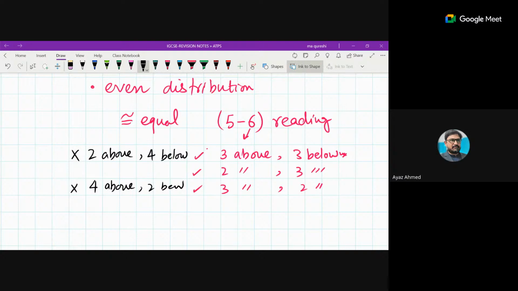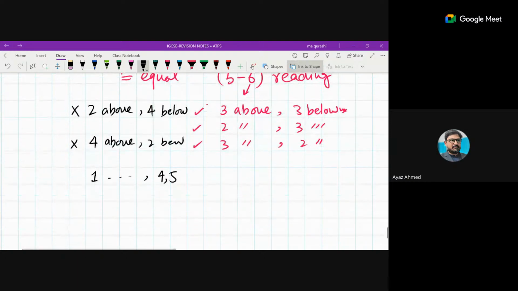Are you getting? Or 1 and 4 or 5. Yeah, you are increasing the difference. So the best is the difference of the points, let me call it delta n, that should be equal to 1 or 0.